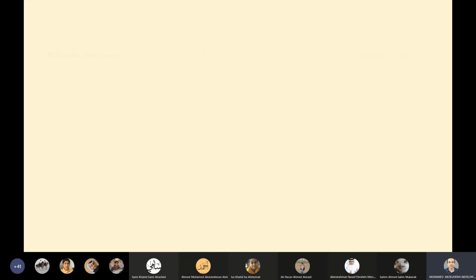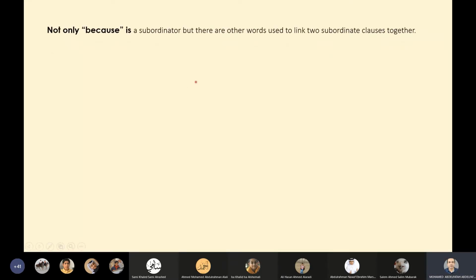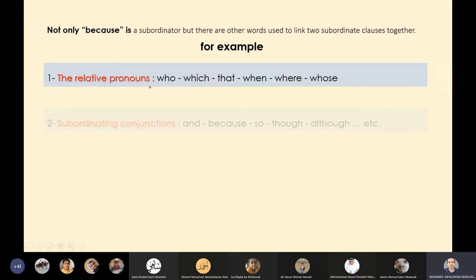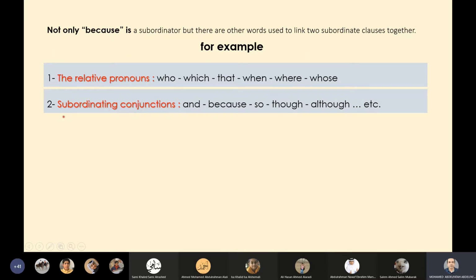So, because is not only the subordinator in English. Not only because is a subordinator, but there are other words used to link two subordinate clauses together. Like what, teacher? Like the relative pronouns. What else? Like the subordinating conjunctions. The relative pronouns like who, which, that, when, where, and whose.